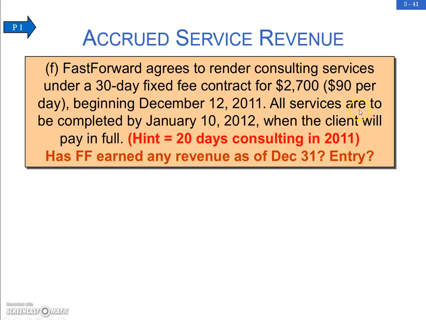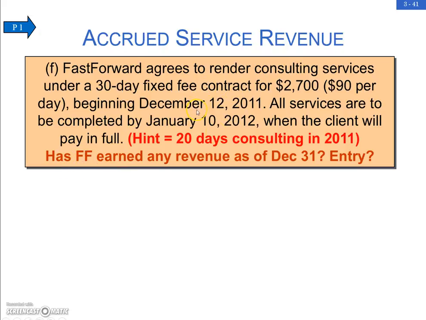Now, all services are to be completed by January 10th, and the client will pay in full at the end, once we have completed the 30 days of consulting. We're going to start December 12th and go 30 days all the way till January 10th. I've used these numbers specifically so that we can have 20 days of consulting in 2011.